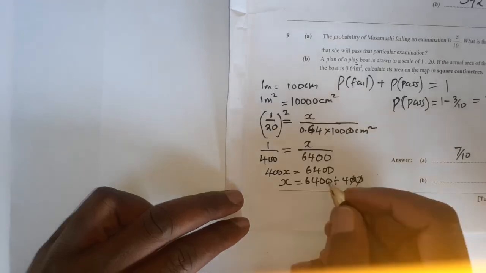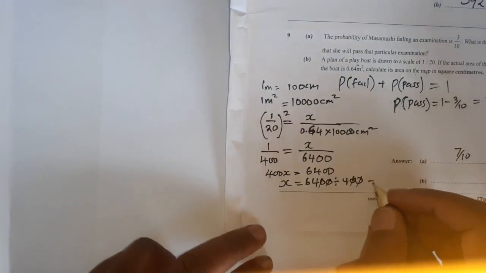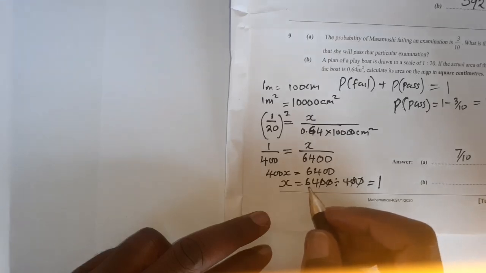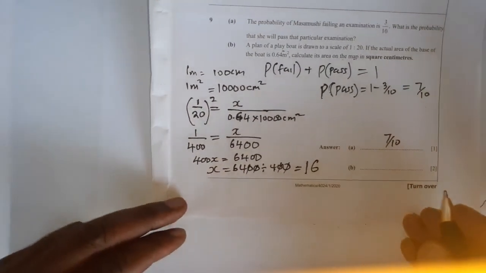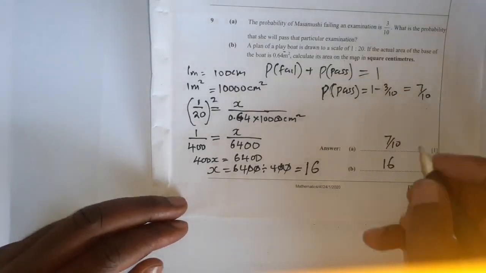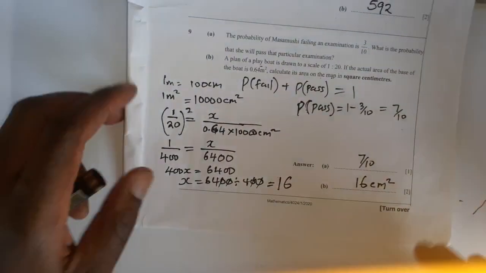You cancel the zeros. 4 into 6, we get 1, and the remainder will be 2. 4 into 24 is 6. So we are going to have 16. Remember, centimeter squared. That's what we're going to have.